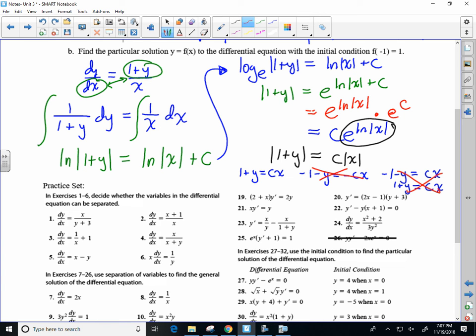Bottom line is I get this equation: y equals cx minus 1. Which is what kind of function? It's a linear function. Can a linear function have a positive slope? Can it have a negative slope? Can it have a zero slope? Horizontal? Sure.